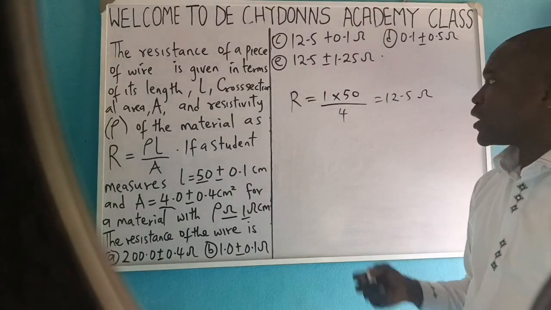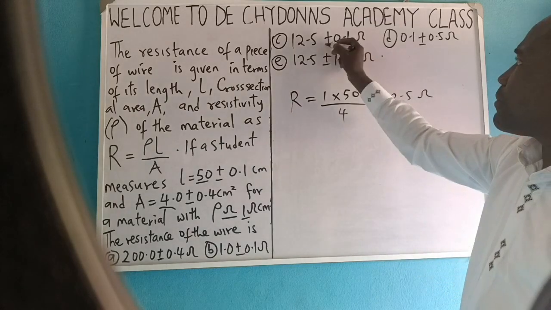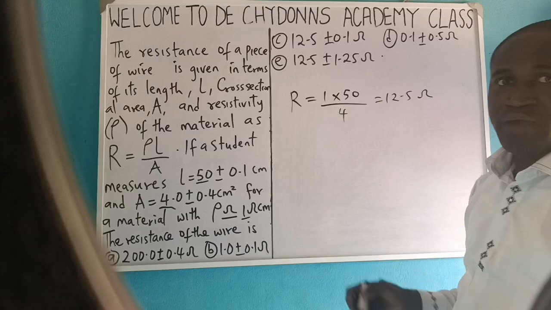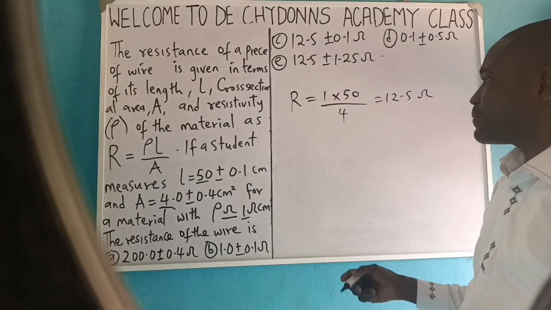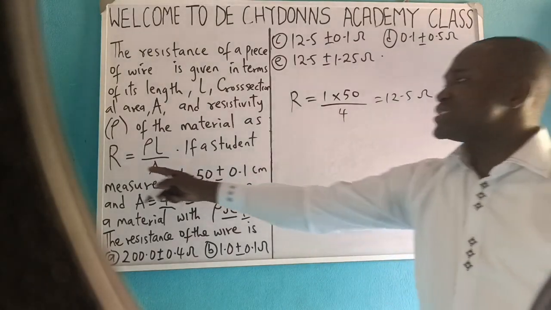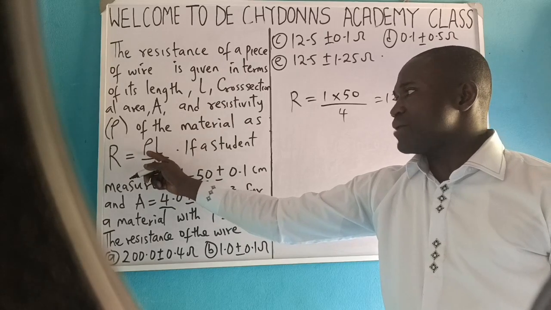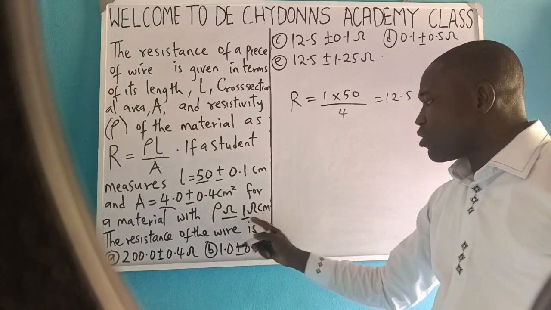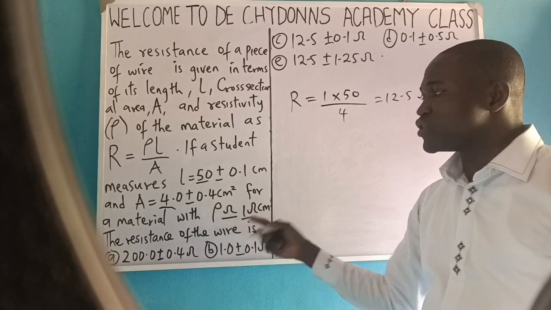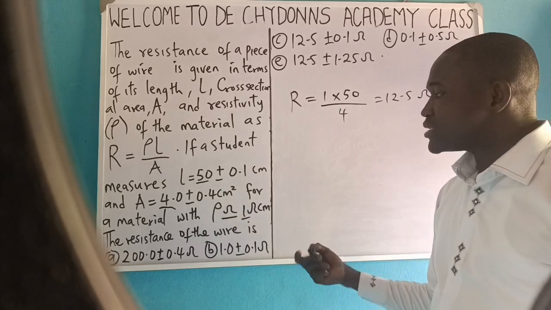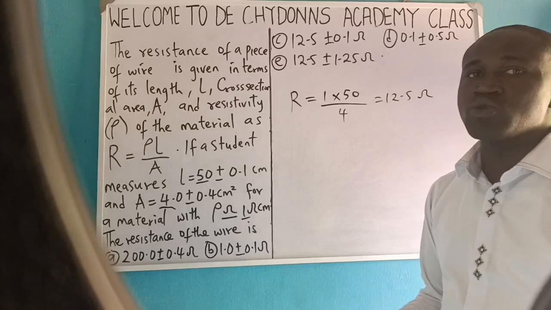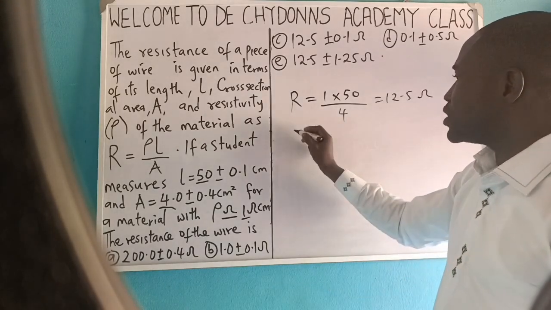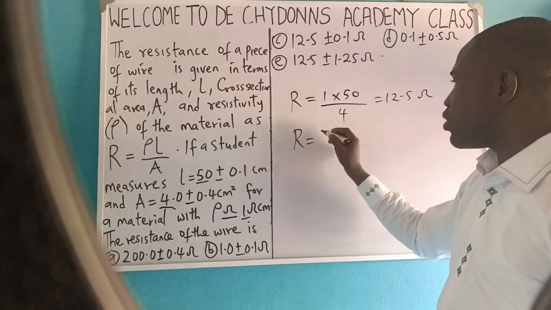Then this plus or minus that they attach in the options means we are to get the error involved in determining this. But remember that for this R given to us as resistivity times L over A, the error for that resistivity is not given to us. That means the resistivity is not measured with a measuring instrument. And so we will cancel it.